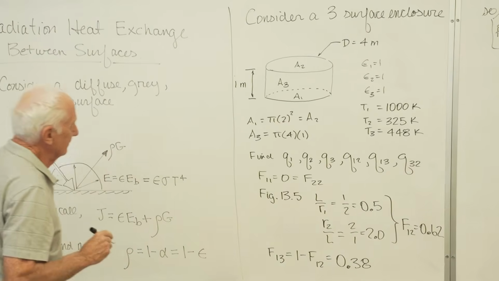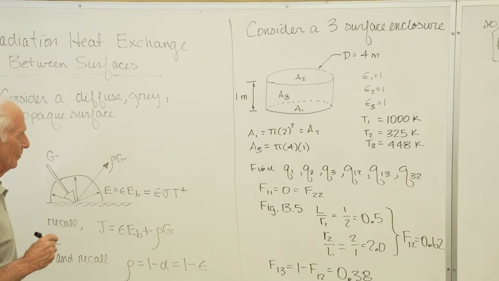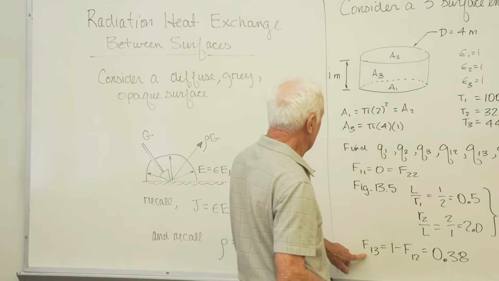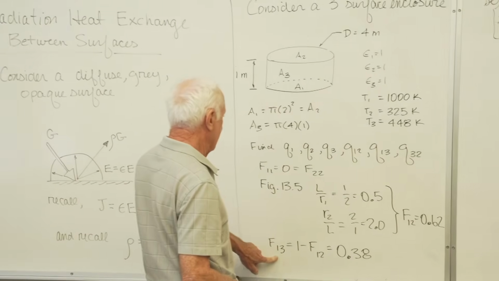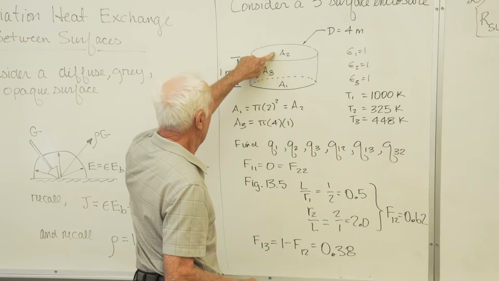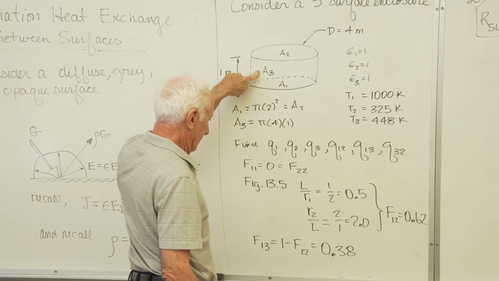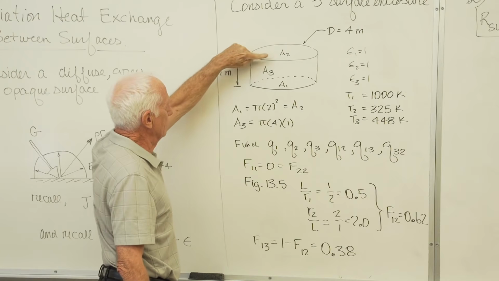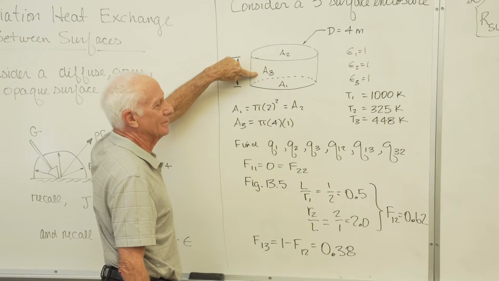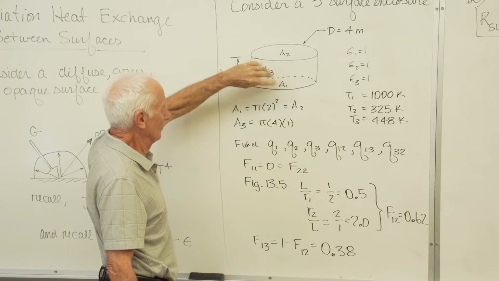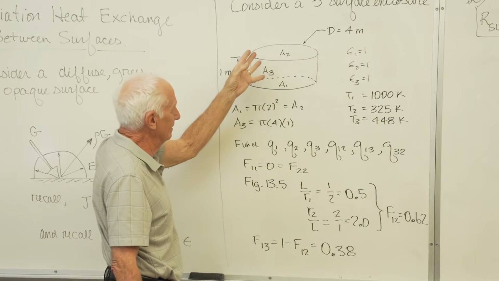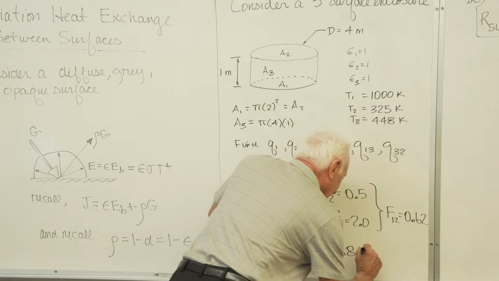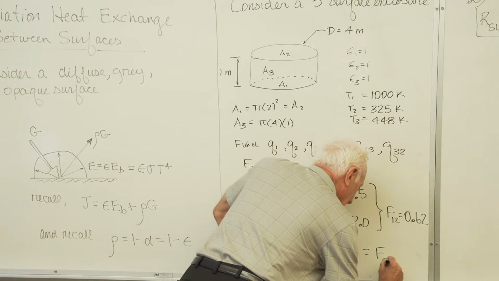And I say, you know what? It's pretty apparent to me, F1 to 3 is 38%. What about F2 to 3? Oh, it's symmetrical. Turn it upside down. I don't care. F2 to 3 is the same as F1 to 3.